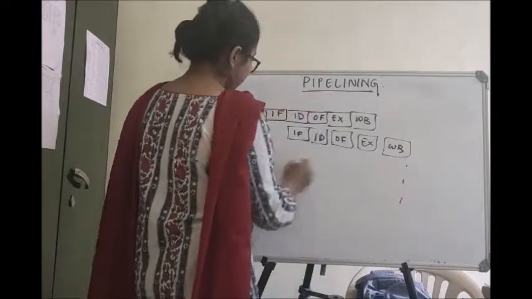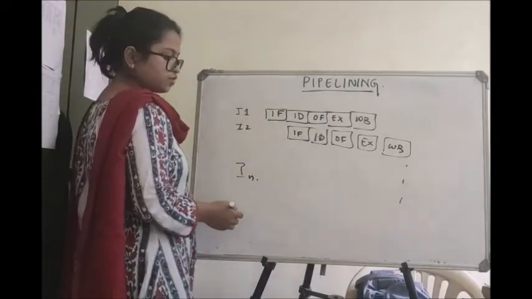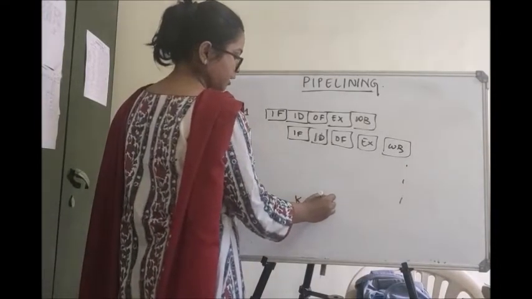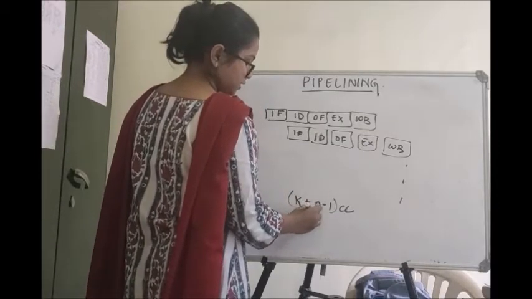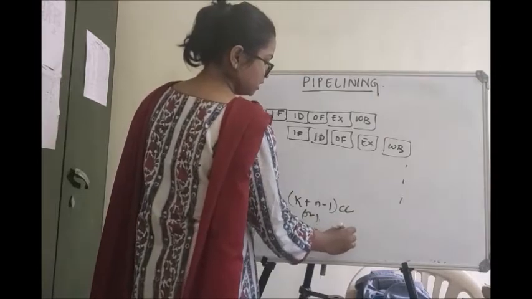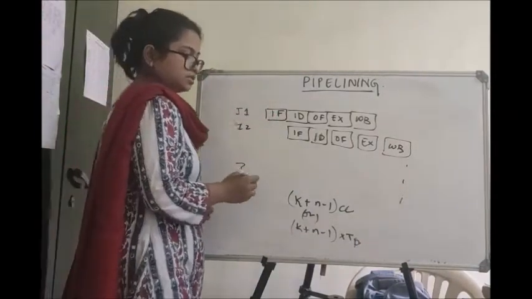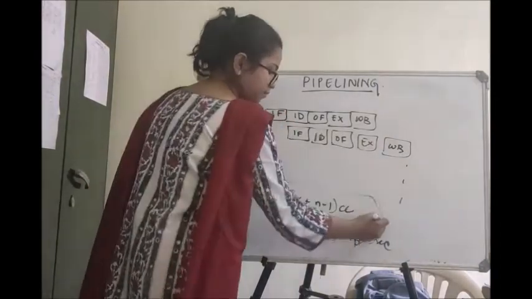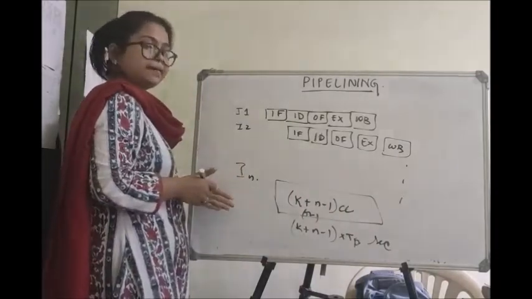On average, the time needed to carry out the instructions in case of pipelining is k plus n minus 1 clock cycles, or (k plus n minus 1) into Tp, the time period. That much time is required in seconds. This is the time consumed by the pipeline structure.